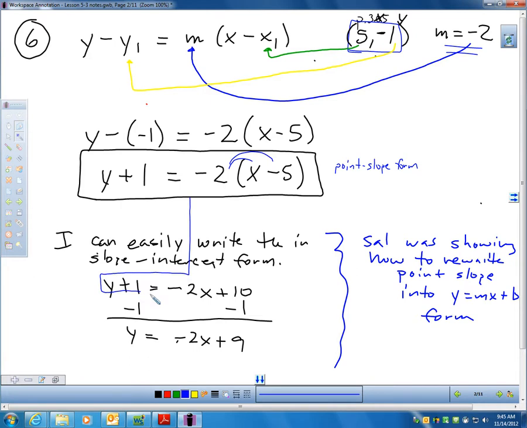I'd have y plus 1 on the left, and when I distribute, can you see how I'm getting negative 2x plus, negative times negative is positive, 10 on the right. And then I got to get y by itself. Take away 1 from each side. You can see I just rewrote point slope into slope-intercept form. So it's very easy to take point slope form and rewrite it into slope-intercept form, which is a form we've used for the last, actually, several weeks.